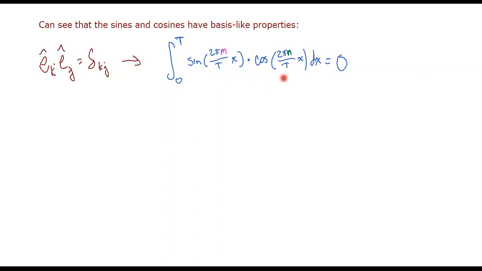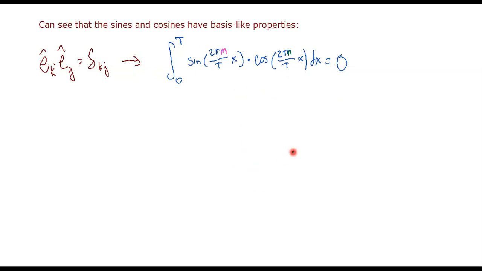One's even, one's odd. What happens when I multiply an even function times an odd function and take their integral? You get 0. Yep, so always 0.